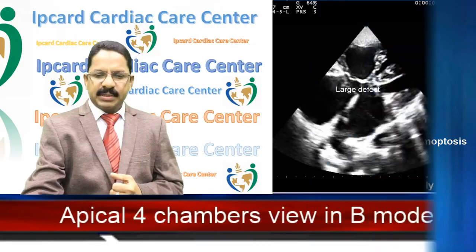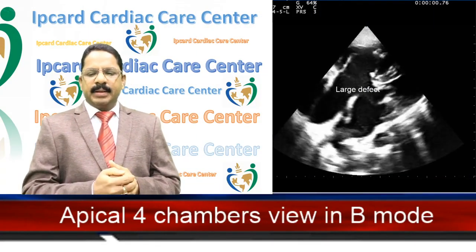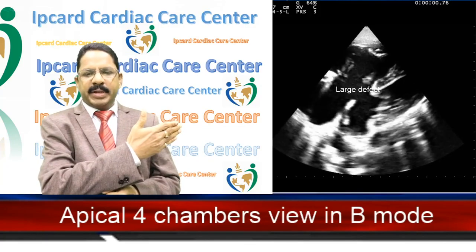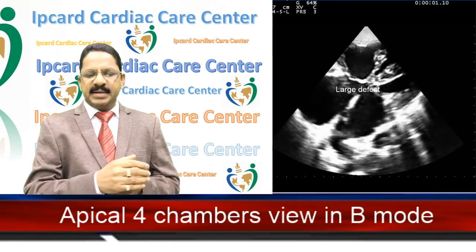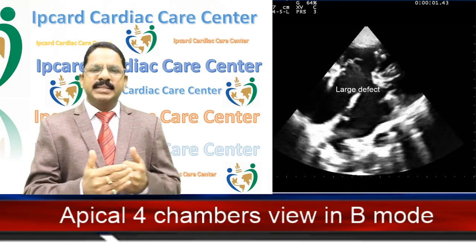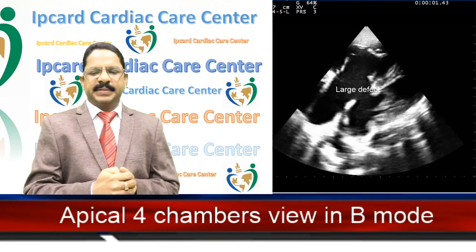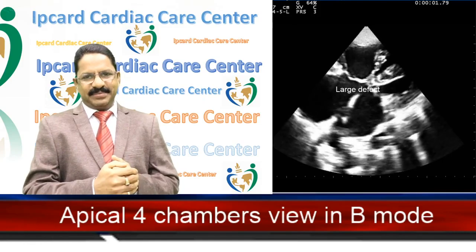I just want to show you the echocardiogram of this patient. Here you can see the B-mode echocardiogram. There's a large primum defect, and in the mid atrial septum there is a secondary defect. So we call it a complex multiple atrial septal defect. The patient is 80 years old.